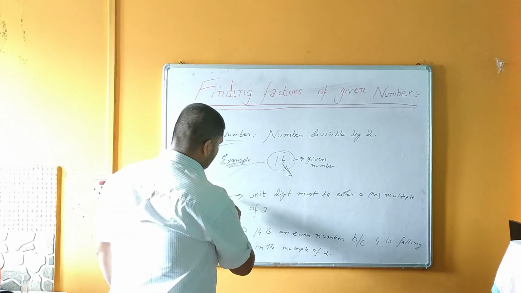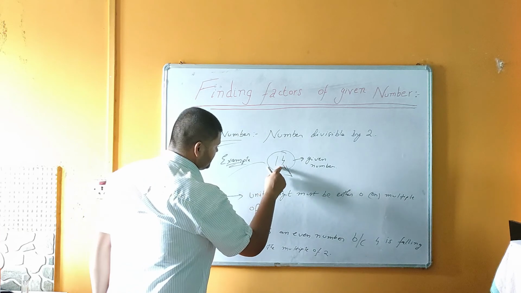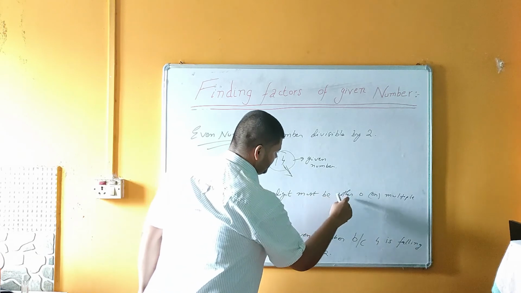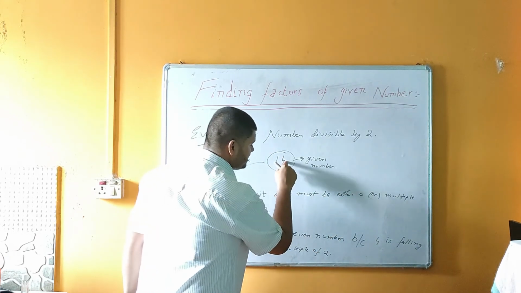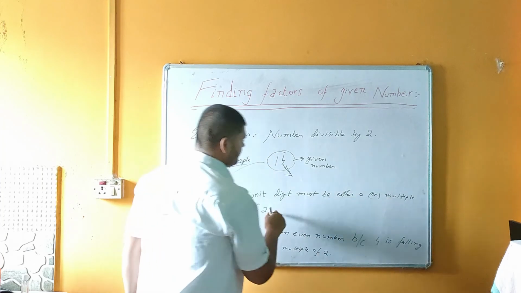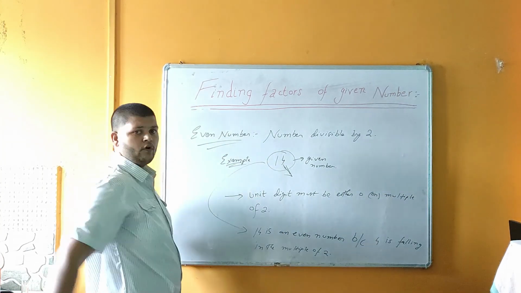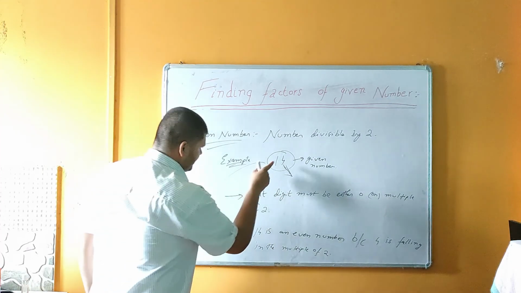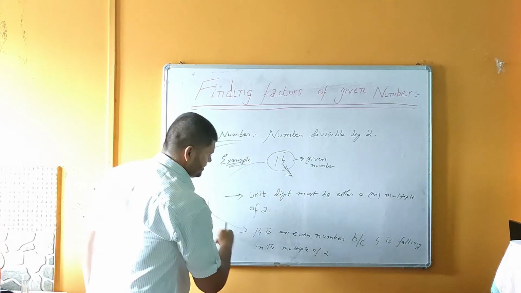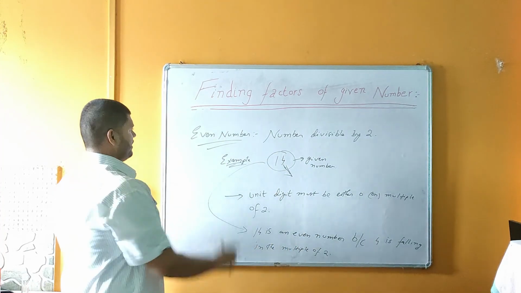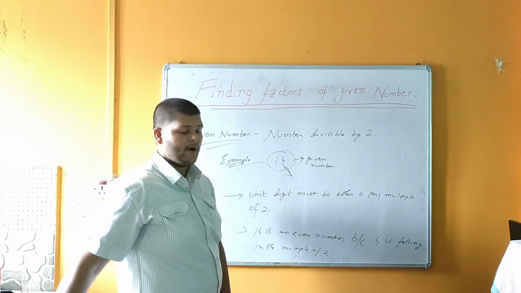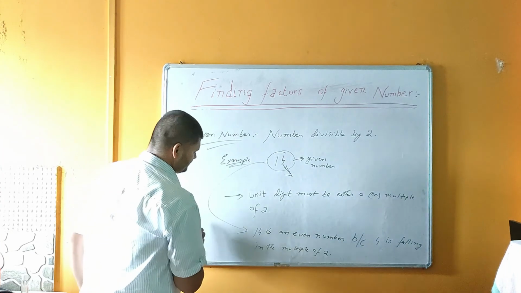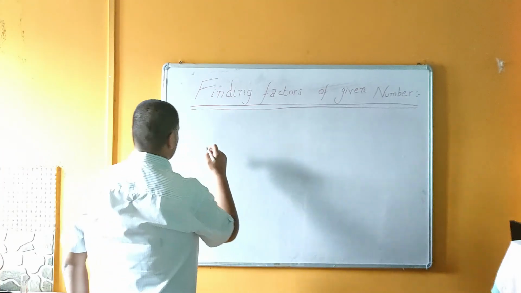One condition is there: the unit digit in an even number must be either 0 or a multiple of 2. Here the unit digit is 4, that means this 4 is a multiple of 2. So we will say the entire given number is a multiple of 2. That's why this is considered an even number. Okay, I think it is clear for you. I am erasing this. Alright, we go for odd numbers.